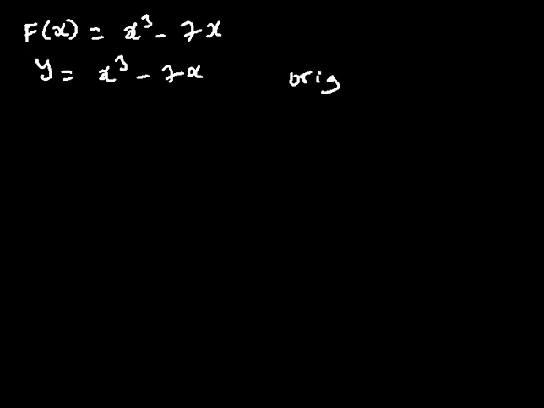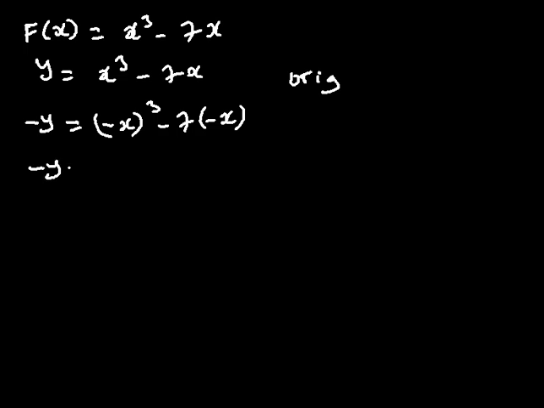In the case of the origin, it corresponds to having negative y and also negative x. So we need to substitute x with negative x and y with negative y.